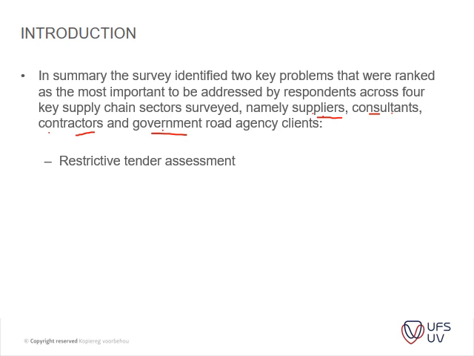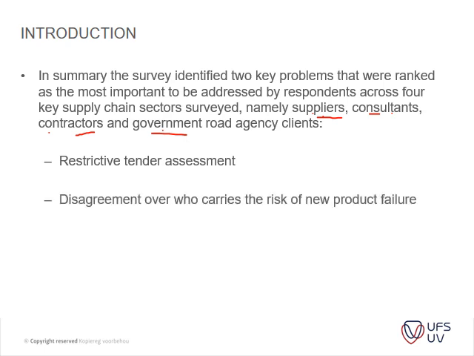The results were a restrictive tender assessment and disagreement over who carries the risk. These 2 items were identified as contributing the most, or key problem areas in innovation in road construction in Australia.